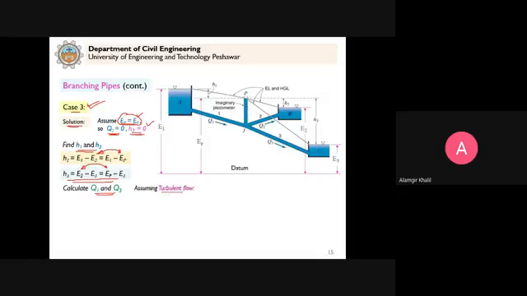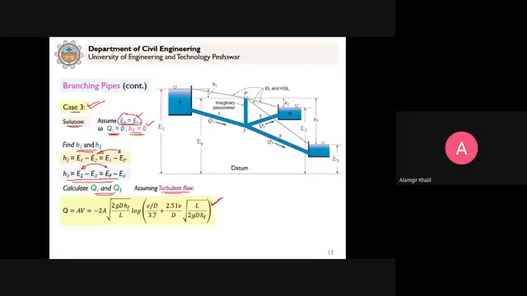Again, we assume turbulent flows and we use this equation, because this equation helps us to avoid the F value, the friction factor. Otherwise, it will become a trial and error procedure within a trial and error procedure. So it will be very time consuming and the problem solution will become difficult.